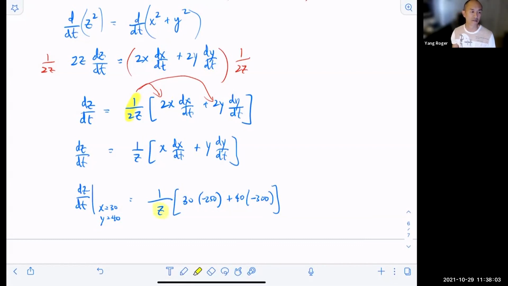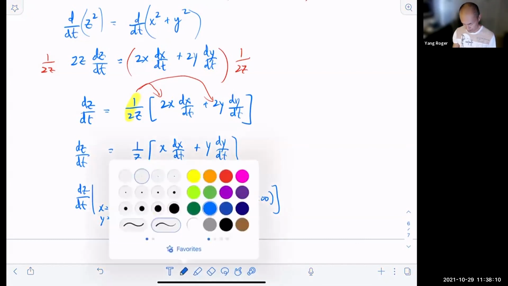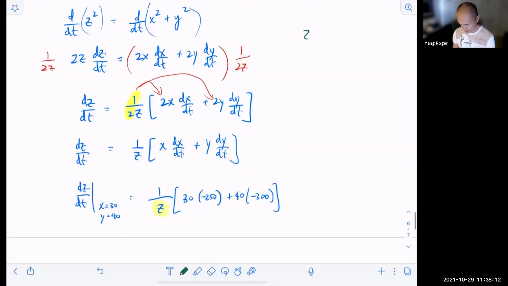Can someone unmute themselves and tell me, how do I find z? How'd you get 390, Reagan? Anybody have any thoughts?